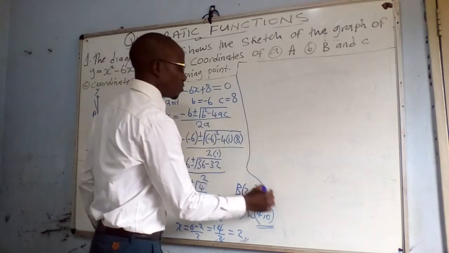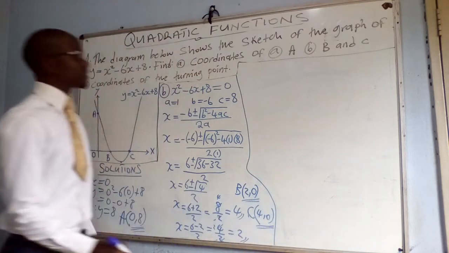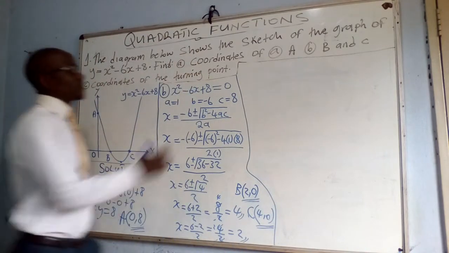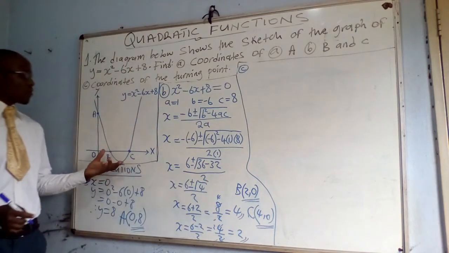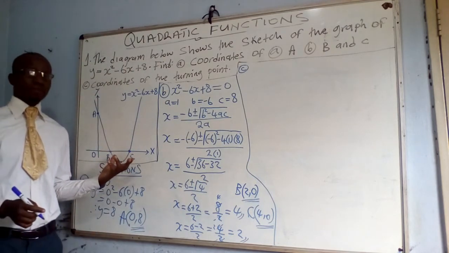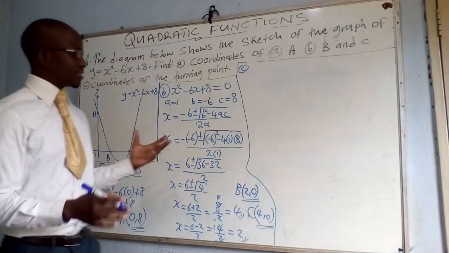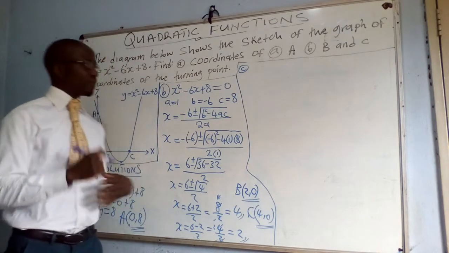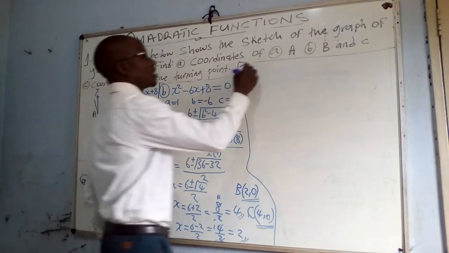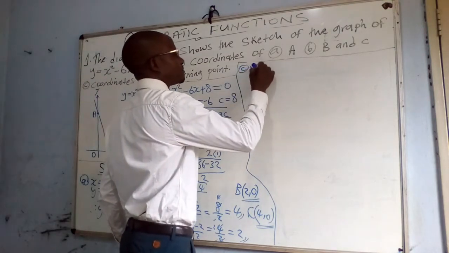From there we can go to the last question, which is question C. For question C, there are two methods of finding the coordinates of the turning point. I'll try to use both methods, then you'll be able to pick the one that you are very comfortable with.